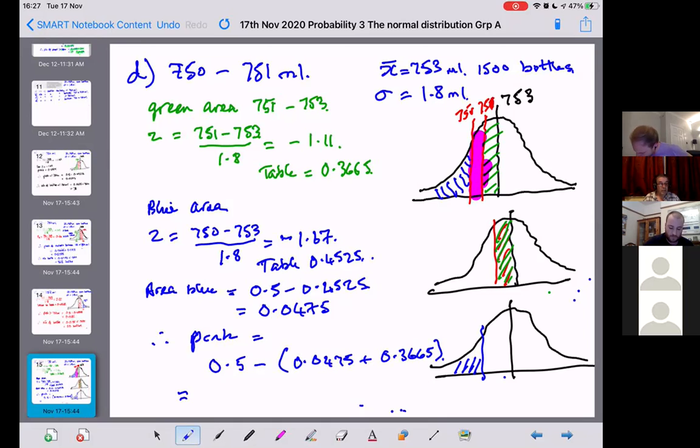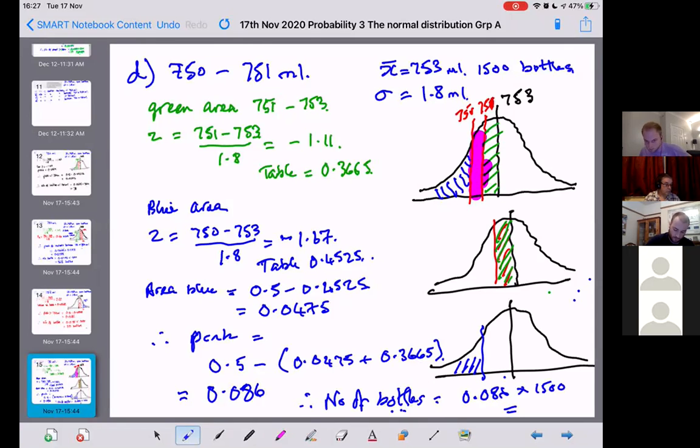I make that 0.086. Therefore, number of bottles equals 0.086 times 1500 equals 129.